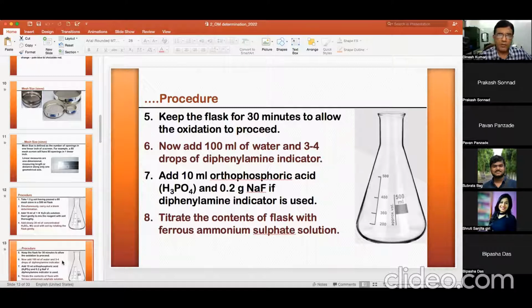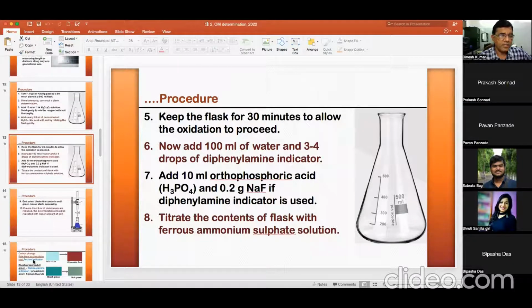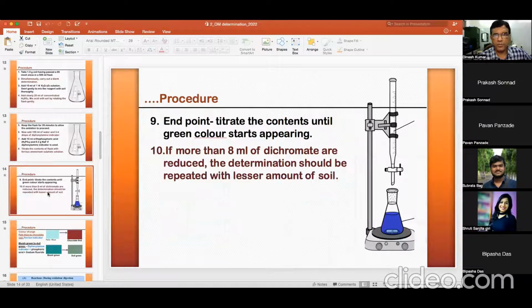Before titration, you need to add 10 ml orthophosphoric acid, H3PO4, and 0.2 gram sodium fluoride if diphenylamine indicator is used. You can add these chemicals into the flask and then titrate the contents of the flask with ferrous ammonium sulfate solution or ferrous sulfate solution. In our case, it is ferrous sulfate solution.